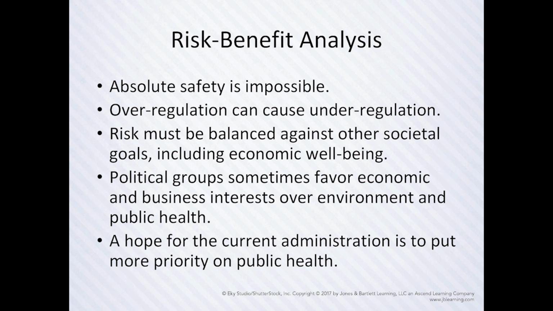We look at risk-benefit analysis, and we know that absolute safety is impossible. In fact, if we have overregulation, it can cause underregulation. So we have to balance the risk between societal goals, including our economic well-being.